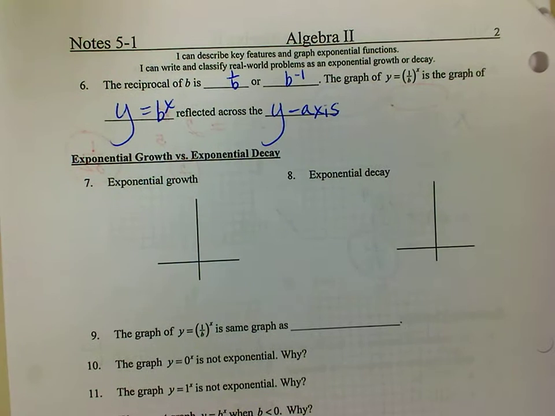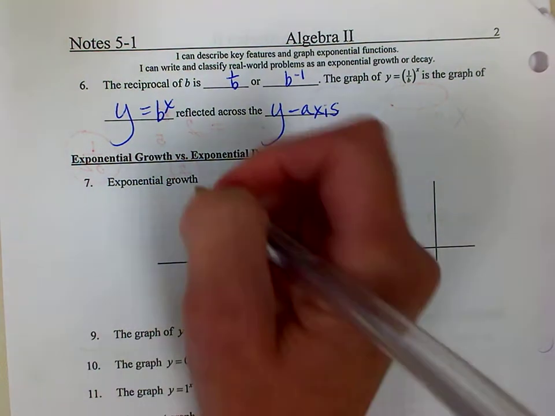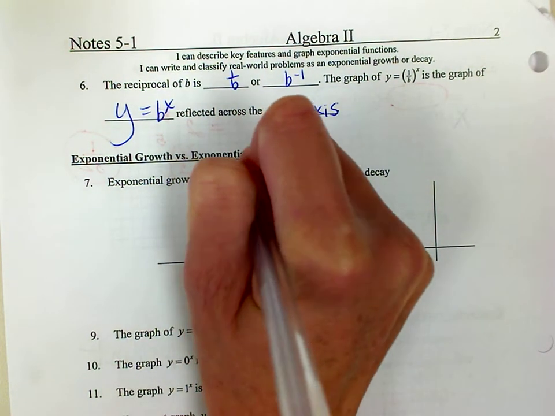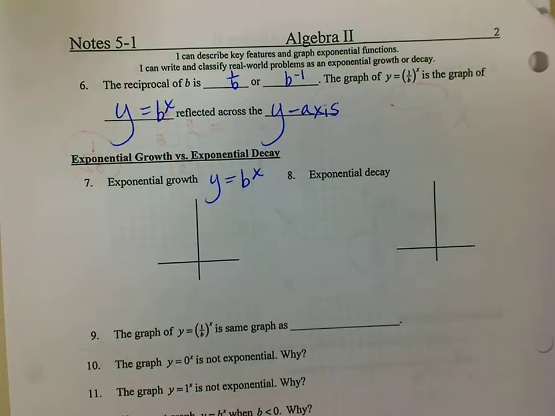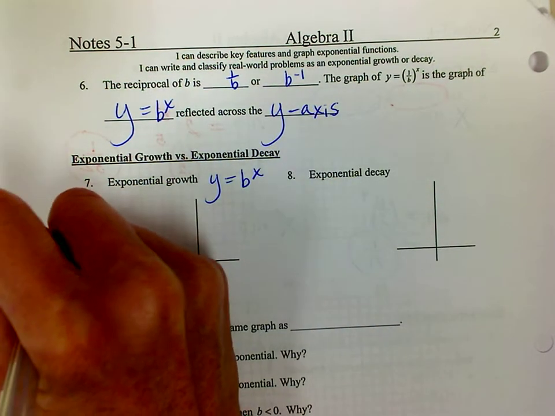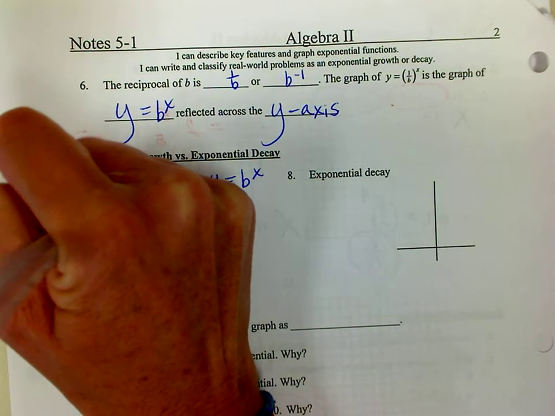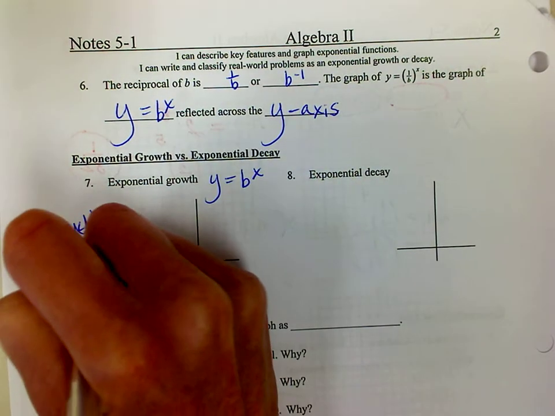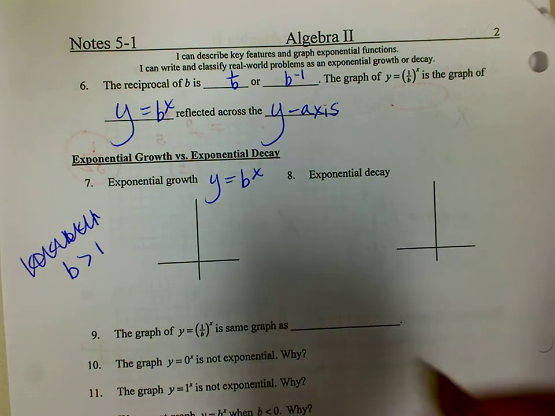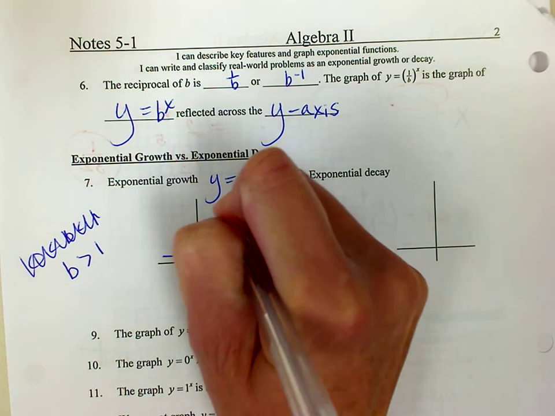So what does that mean? Here's an example. Exponential growth is where our base is greater than 1, and it's going to look something like this.